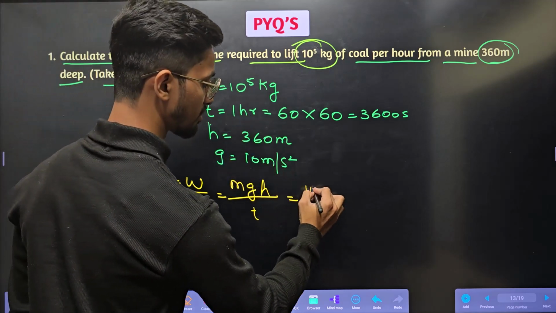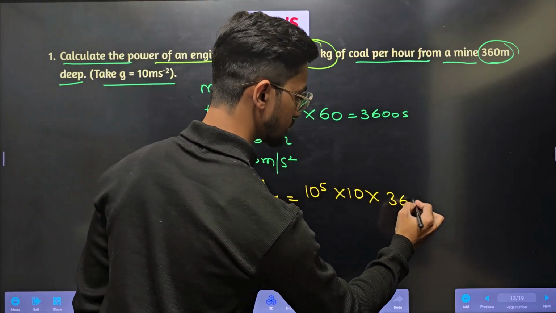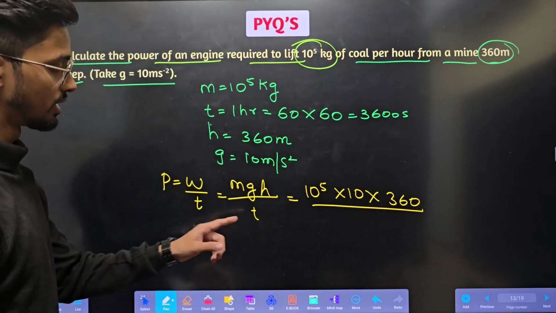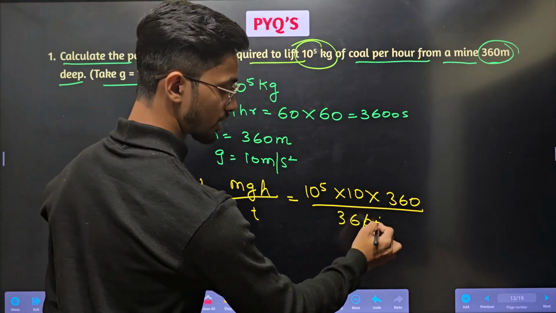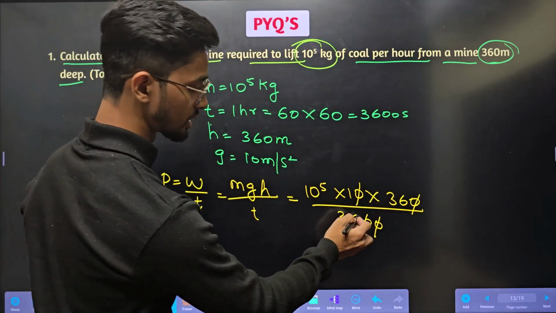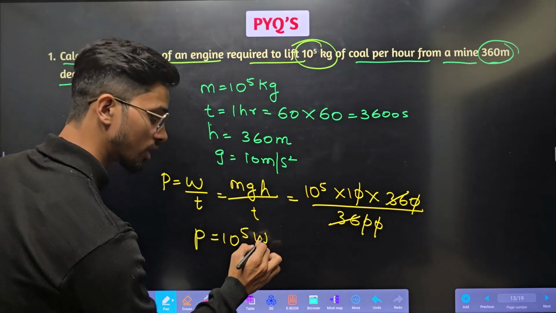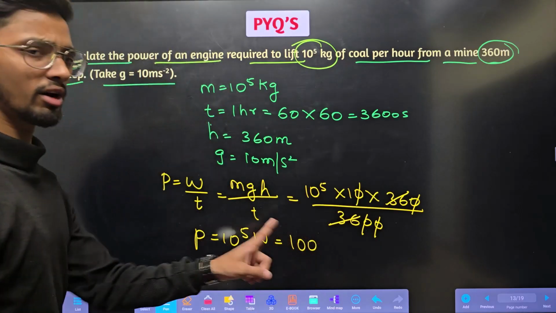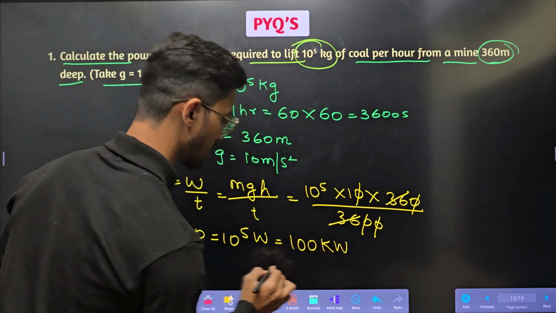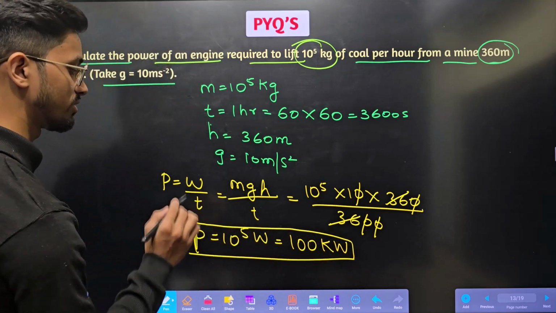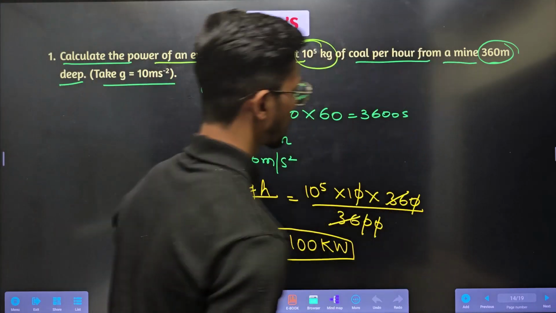Mass is 10 to the power 5, g is 10, height is 360, divided by time 3600. The zeros cancel, and 36 also cancels. So power is 10 to the power 5 watt, or 100 into 10 to the power 3. 10 to the power 3 is kilo, so it can be written as 100 kilowatt, or 10 to the power 5 watt. Too easy.